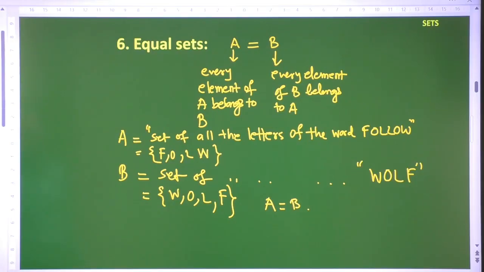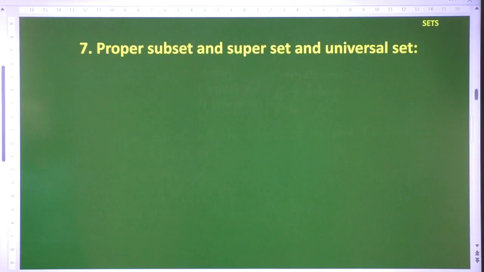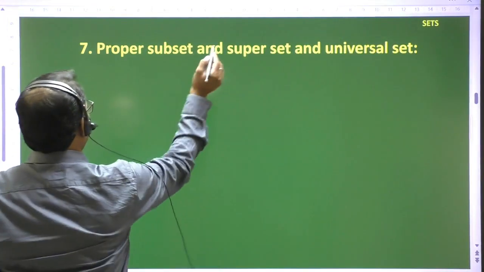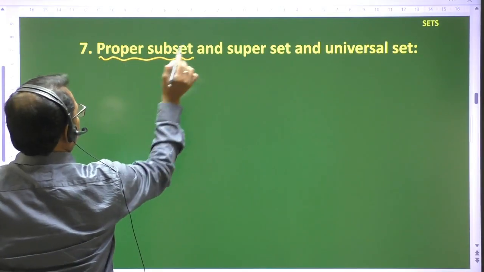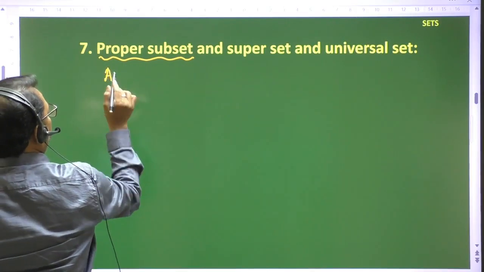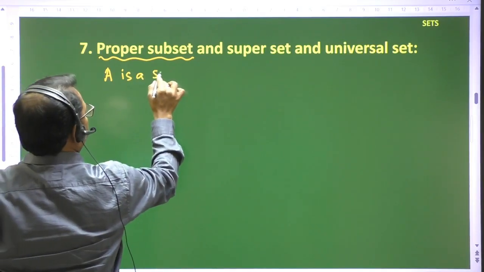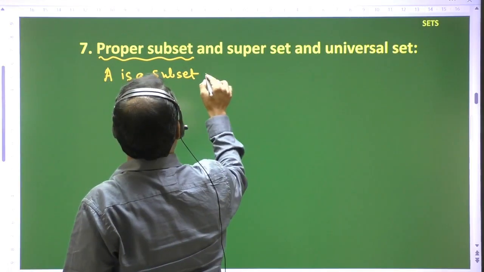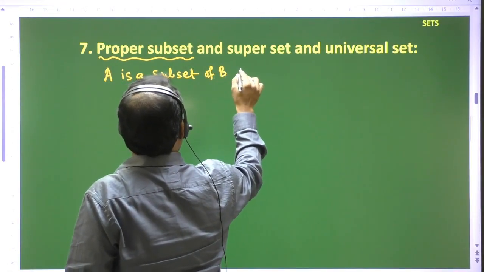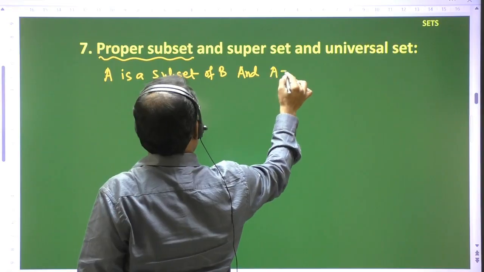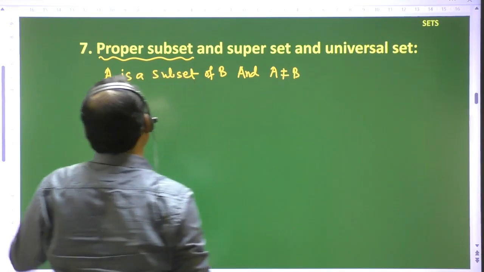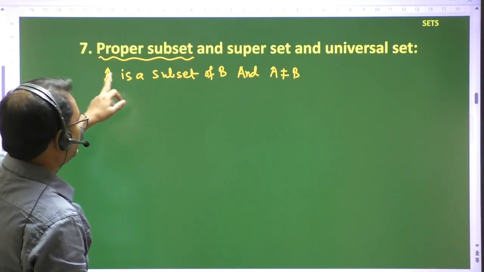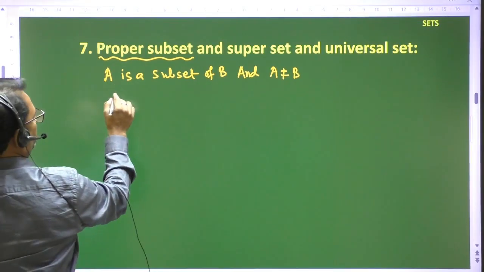Now next is proper subset, superset and universal set. What is the meaning of proper subset? We just read the definition: A is a subset of B. At the same time A is not equal to B. In this situation, if A is a subset of B and A is not equal to B, then we call A a proper subset of B, and we denote it with this sign.